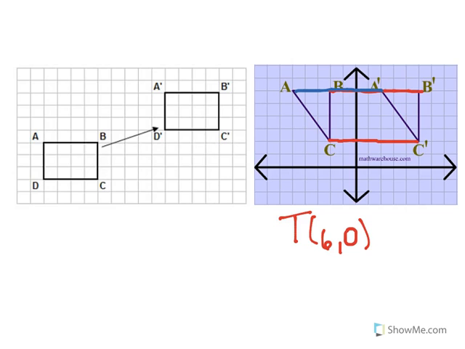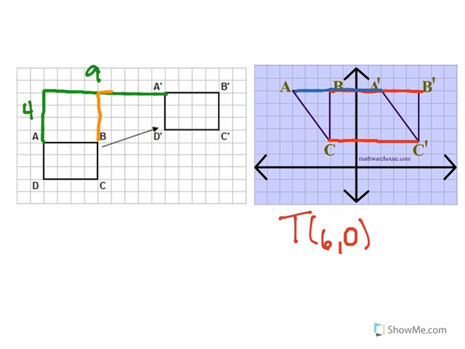Now, if we look at this one, it's a little bit different. On this particular one, 1, 2, 3, 4, 1, 2, 3, 4, 5, 6, 7, 8, 9. So they went right 9, and they went up 4. And each one of your points should do that.